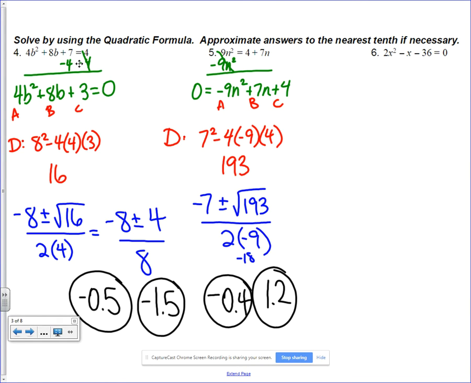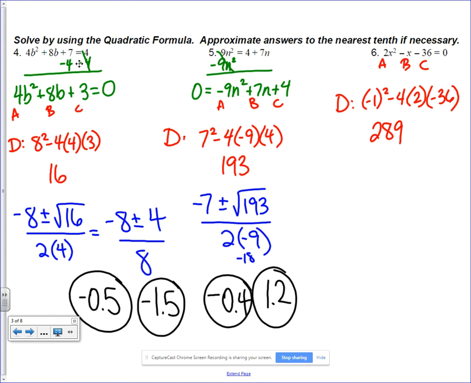All right. 6 is already in order. All right, discriminant, please. Okay. 289.